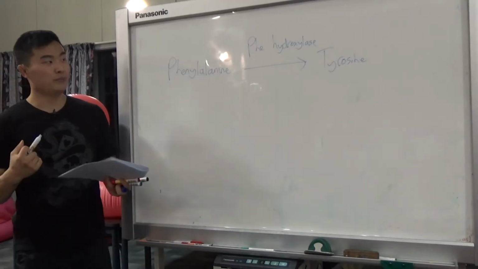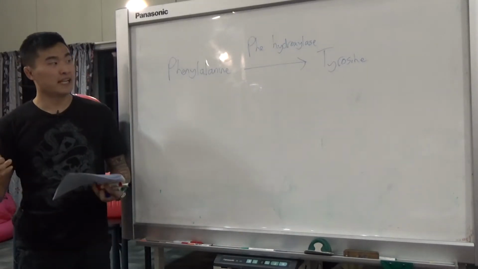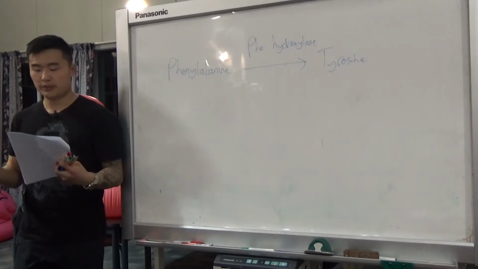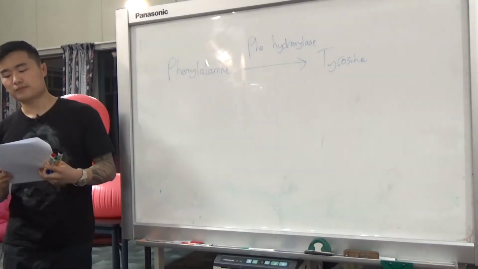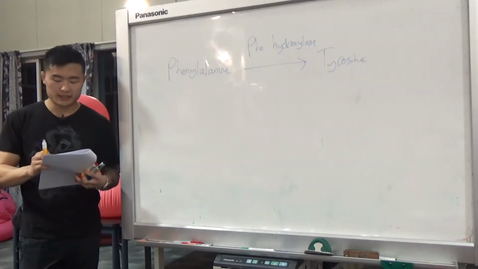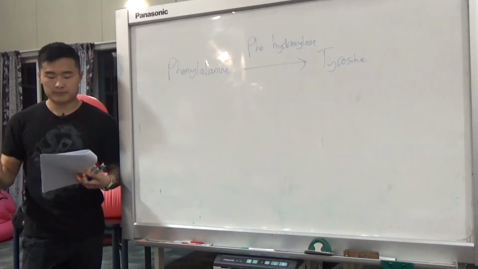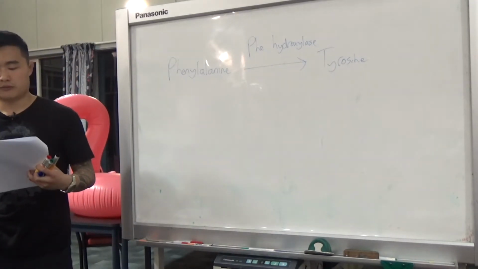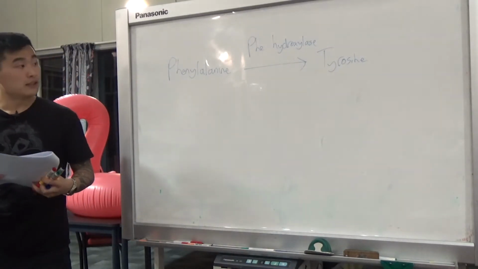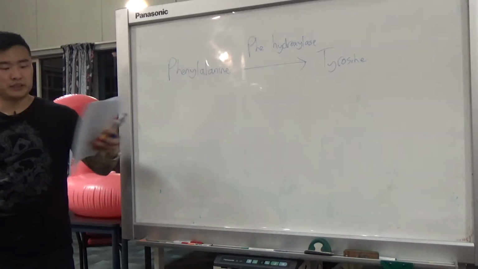If you look at the name, it's an enzyme that adds a hydroxyl group to the phenylalanine, right? If you look at the structure of phenylalanine and compare it to tyrosine, you can see that tyrosine's just got one hydroxyl group on it, and that's what this enzyme is doing.